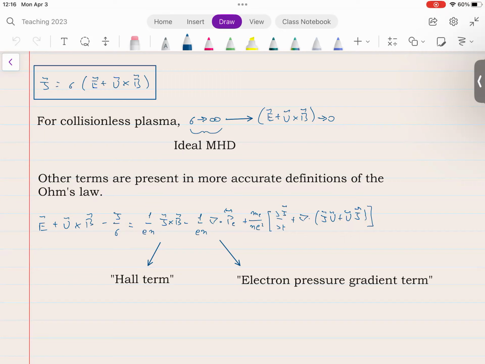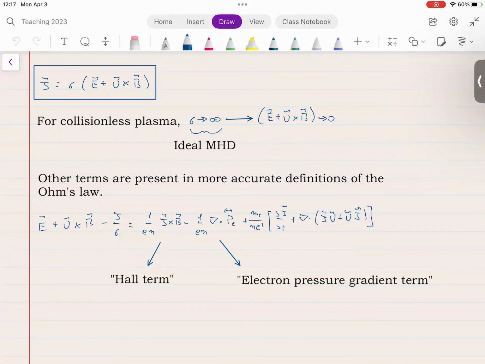One thing that is worth noticing is that if I want to work with a single fluid, I get into trouble if I want to include these terms because, well, the electron pressure term depends on the pressure of the electrons, not on the pressure of the fluid. That means I need to keep the distinction between the two fluids. That is an indication of where a two-fluid model may be required.